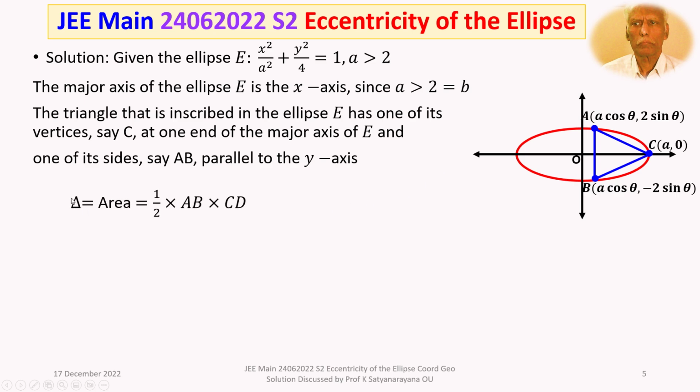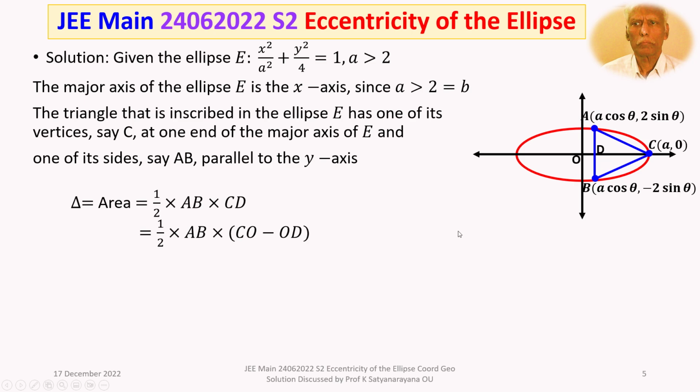Let delta be the area of that triangle, that is 1 by 2 into the base AB into the height CD. CD is this. That will be equal to 1 by 2 into AB into CD, where CD is CO, that is a, minus OD.